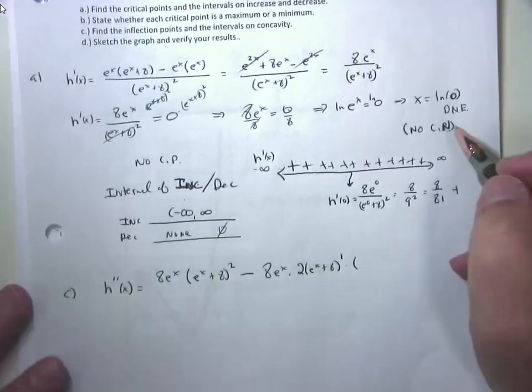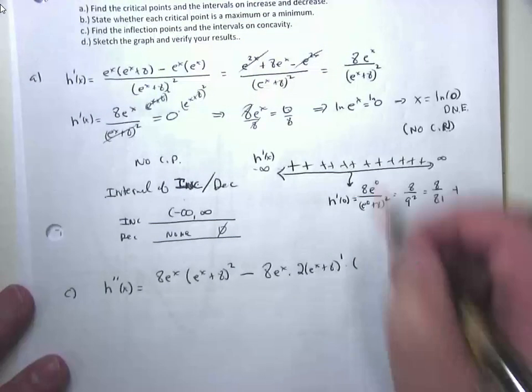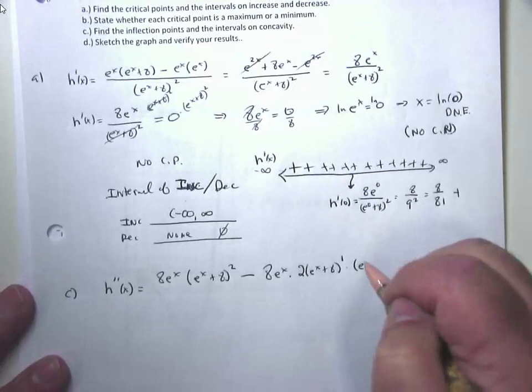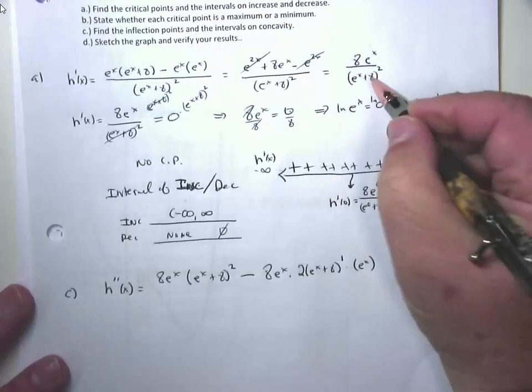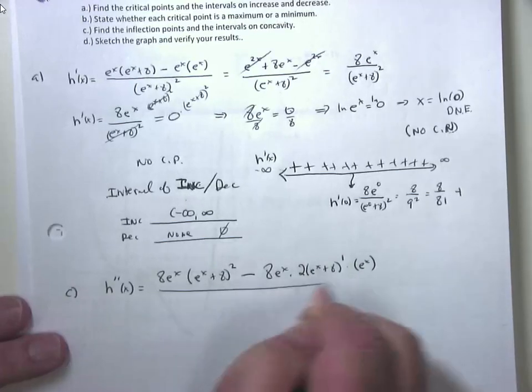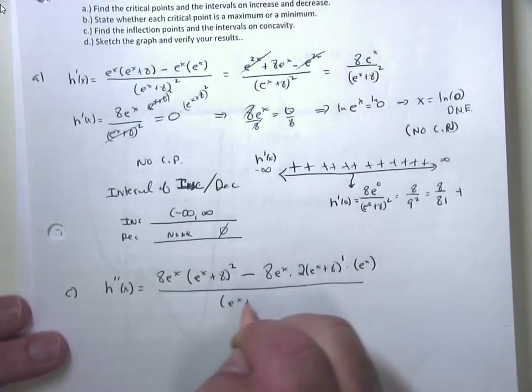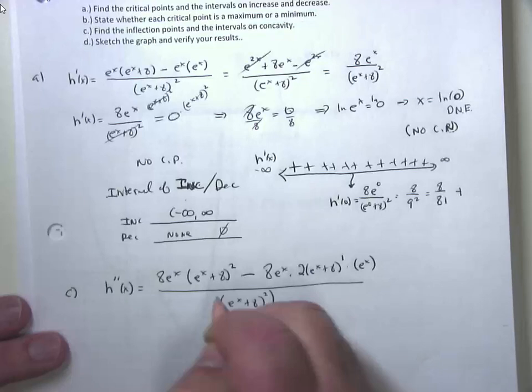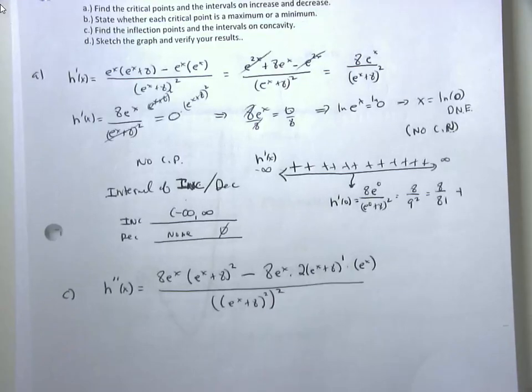What's derivative of e to the x plus 8 is e to the x. Derivative of e to the x, e to the x, derivative of 8 is 0. All over the bottom, e to the x plus 8 squared, squared. The bottom squared.